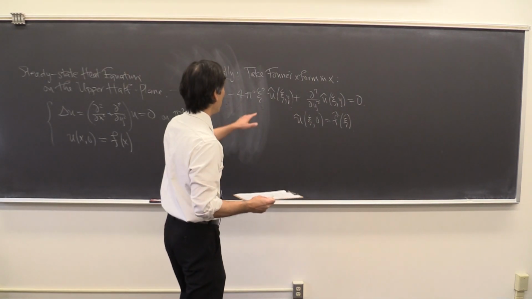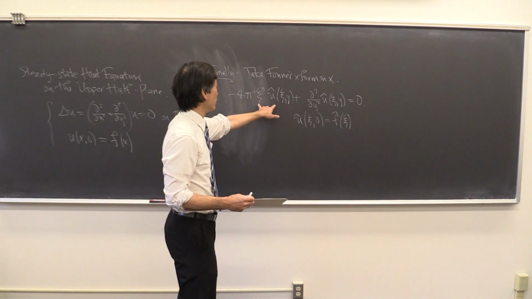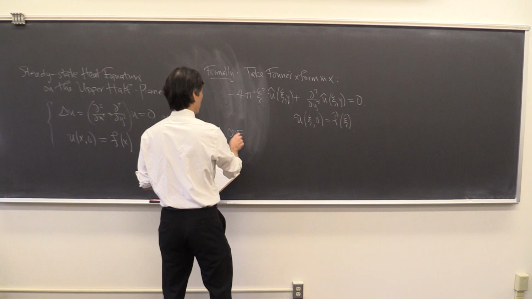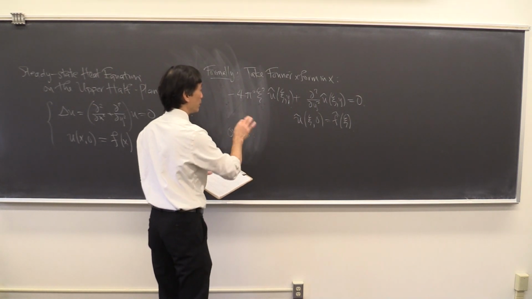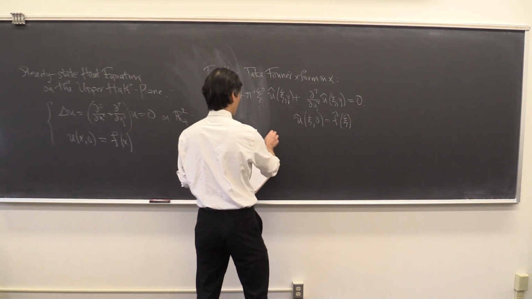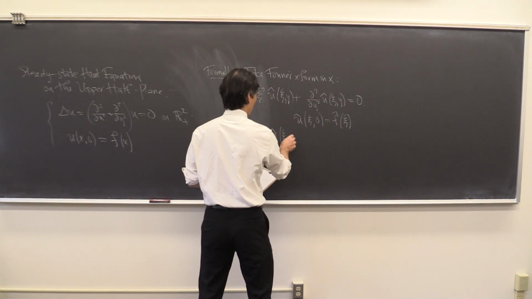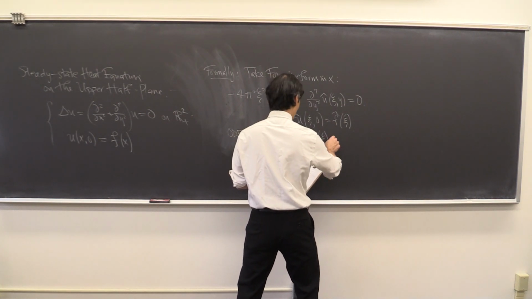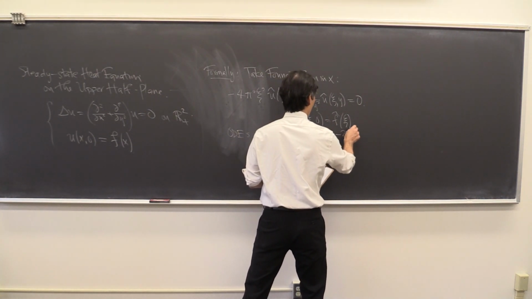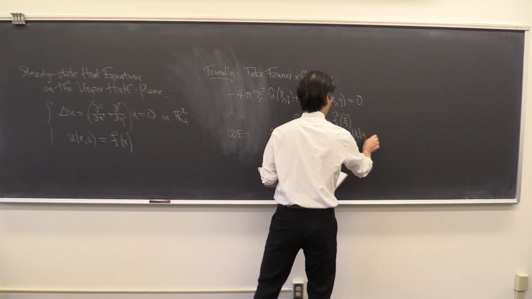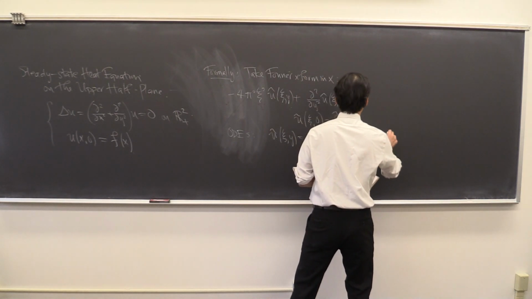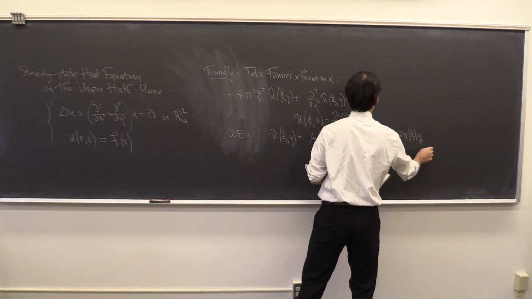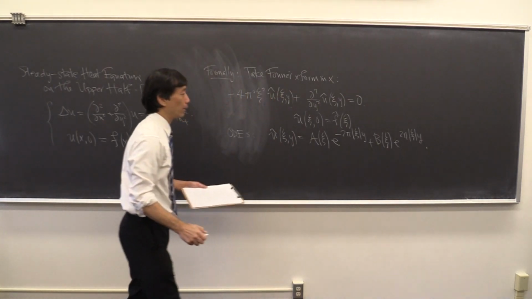Here again, we have an ordinary differential equation, and solving it tells us that this thing is going to look like some function A of c times e to the negative 2 pi absolute value of c times y, plus some other function B of c times e to the 2 pi absolute value of c times y.